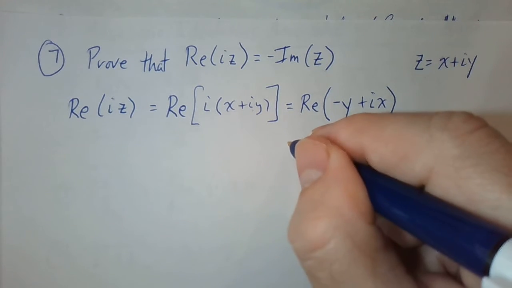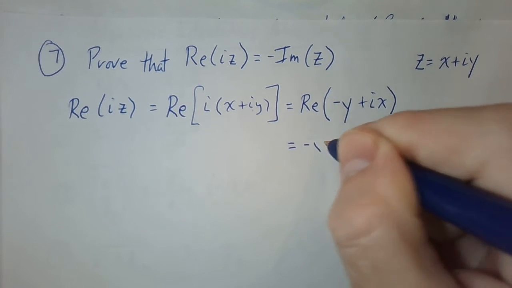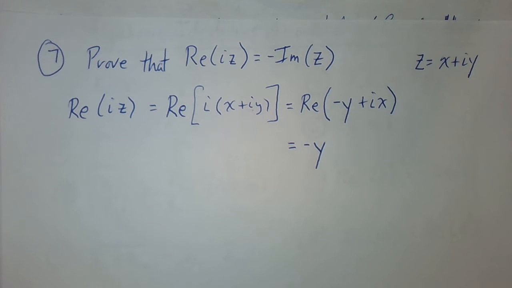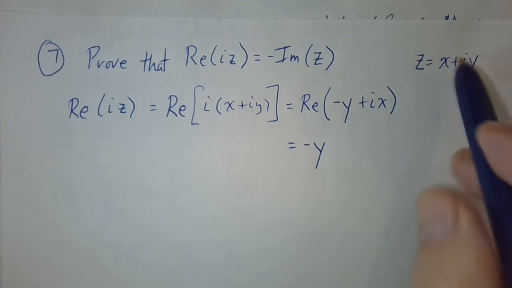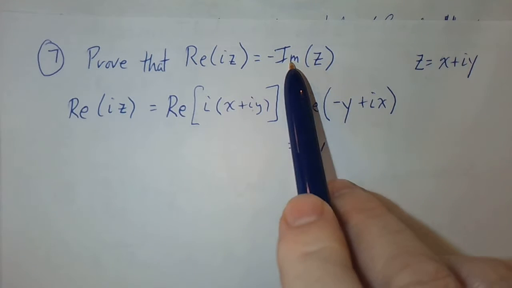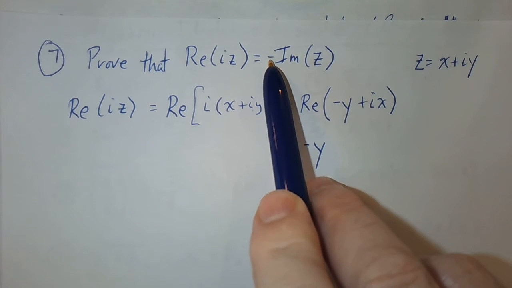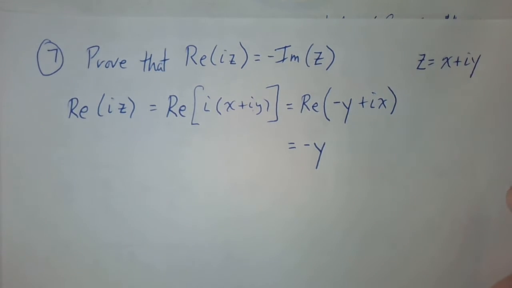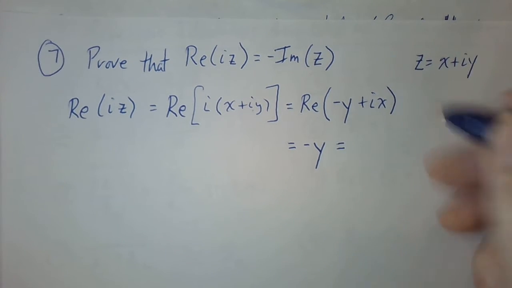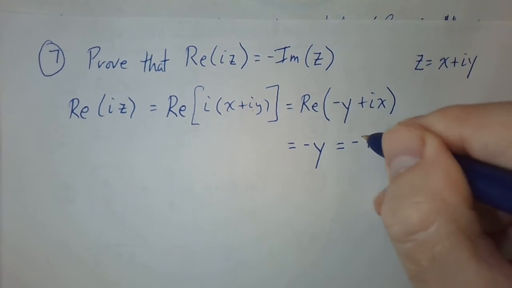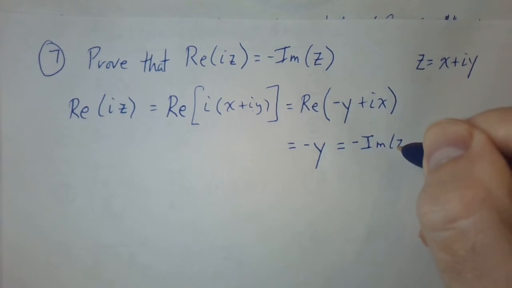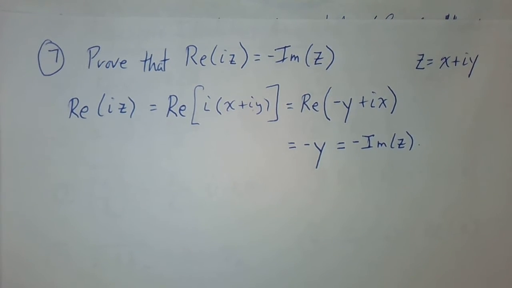It is simply negative y. Well, what is the imaginary part of z? It's y. But if we want the negative of it, we get negative y. This is negative the imaginary part of z.